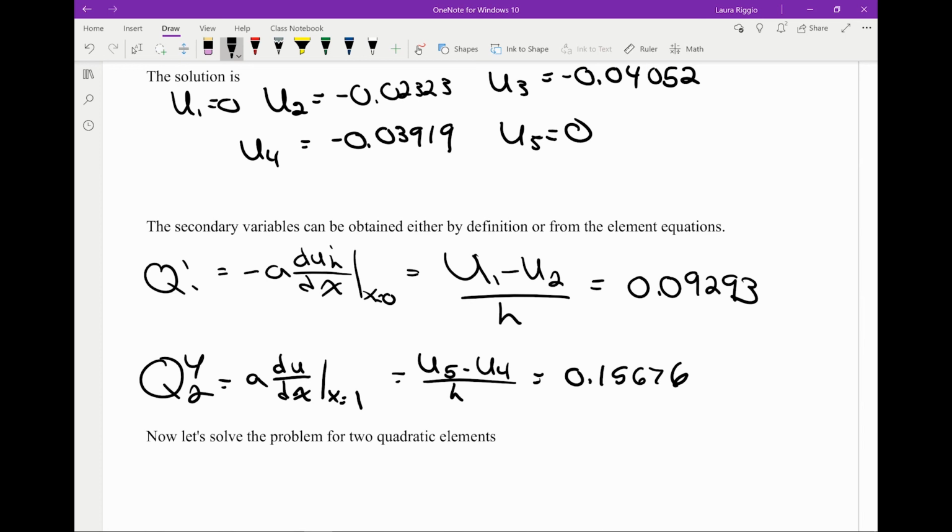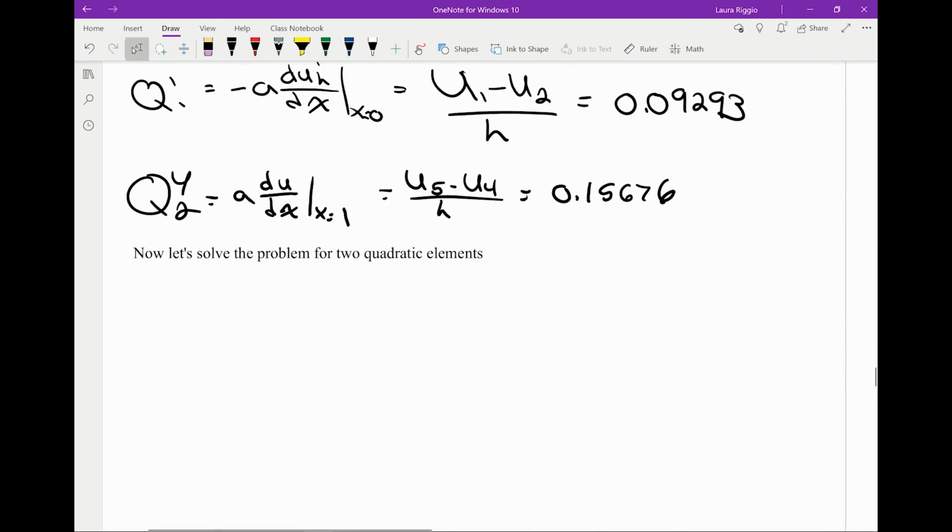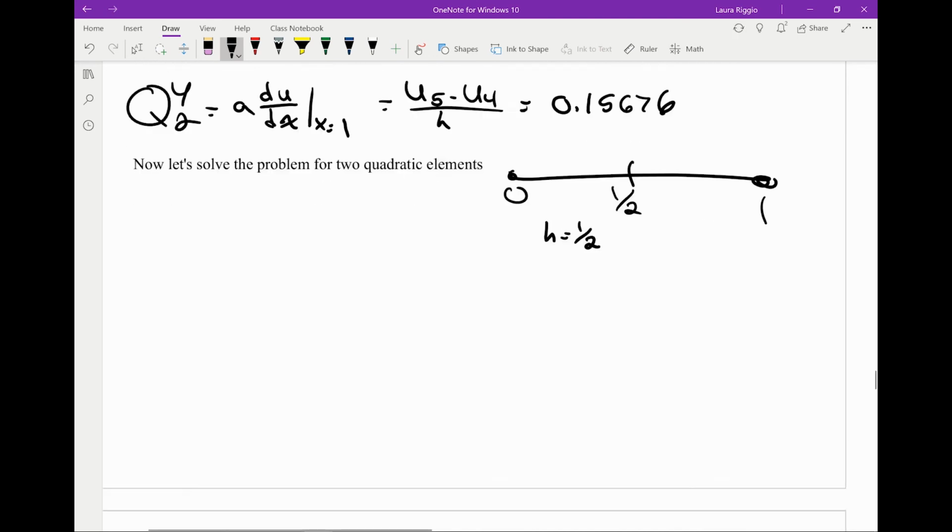We still know A and C. For two quadratic elements, I have 0, a half, 1. So H is equal to 1/2 now. So I want to go look up my equations.